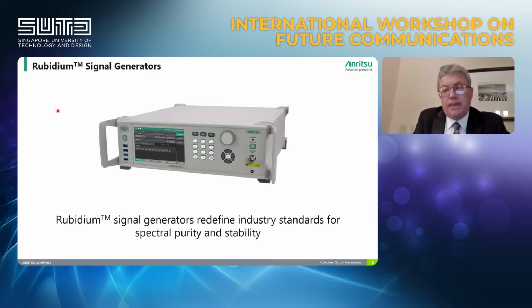This year we just very recently introduced a new signal generator. The core product is branded under the Rubidium name, which has very unique features and performance, which essentially redefine the industry standards for spectral purity and stability.